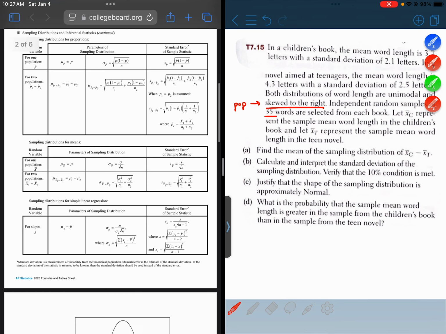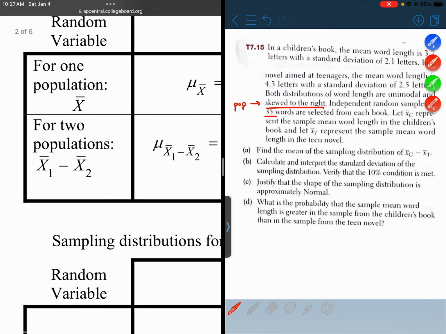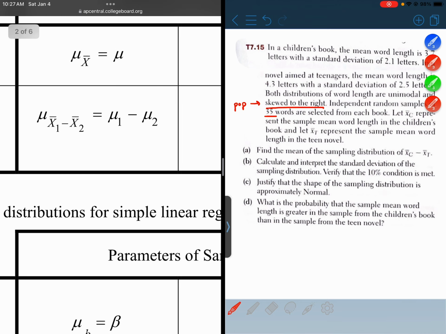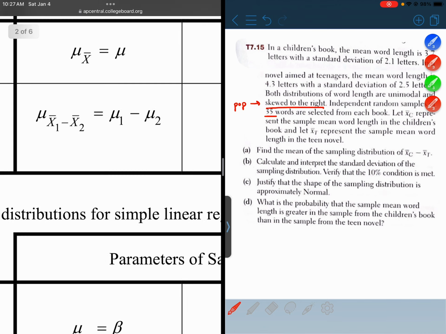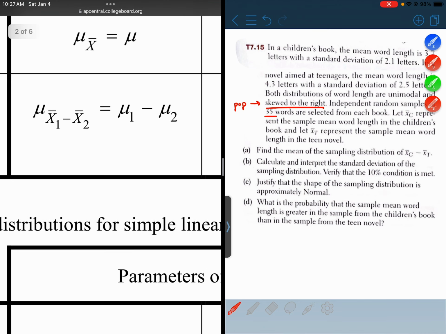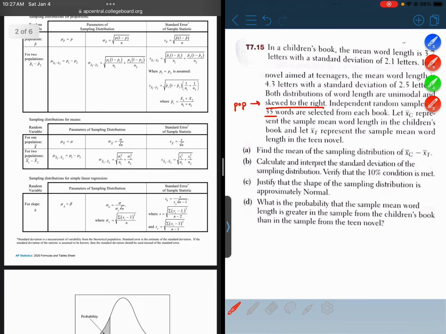All right, so we're looking at the sampling distribution for a difference of two means, right? So we're going to look right here, and we're going to use this formula. Okay, so the mean of this sampling distribution is simply the difference of the population means.